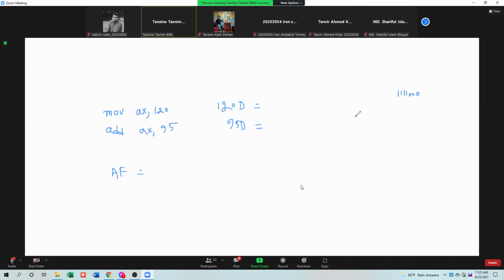So it's a 7-bit number. That means we need to add how many extra bits? 9 extra bits, because AX is a 16-bit register. So the binary representation will be 000000000 1111000. What about 95 decimal? 000000000 1011111.